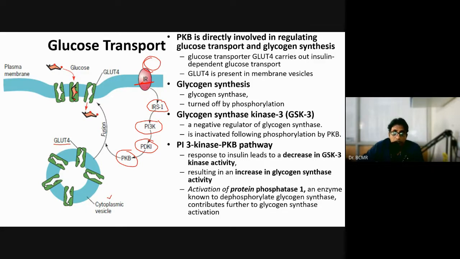These are transporters that are present as vesicles in the cytoplasm. Because of the activity of PKB, the vesicle is allowed to fuse with the cell membrane. And now these glucose transporters are exhibited on the cell surface, and then the glucose will be taken in, right?